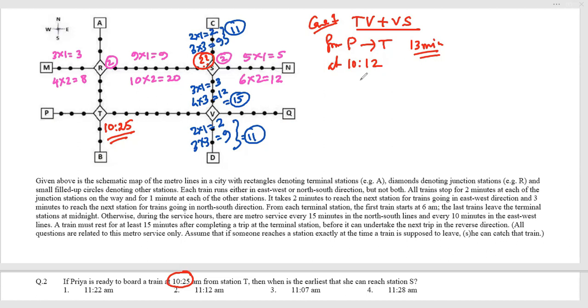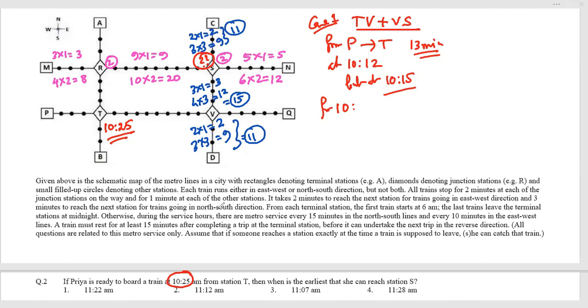It is leaving at 10:15. But at 10:15, basically 3 more minutes are required for Priya to leave station T towards V.